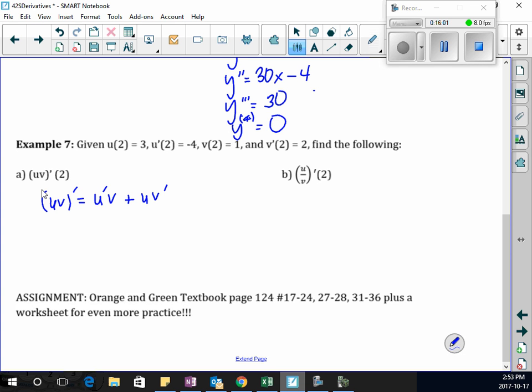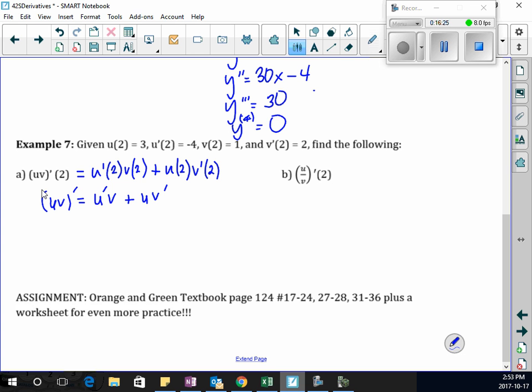So now this would be the same thing but at 2. So this would be equal to u prime at 2 times v at 2 plus u at 2 v prime at 2. All I'm doing is now I'm putting in the 2 value for the x.